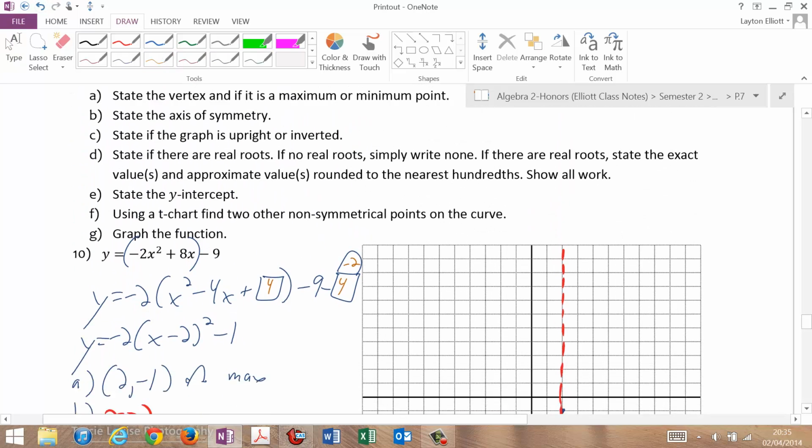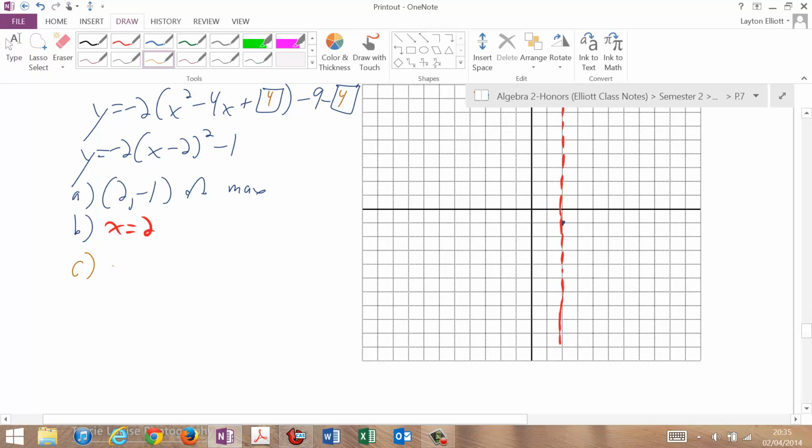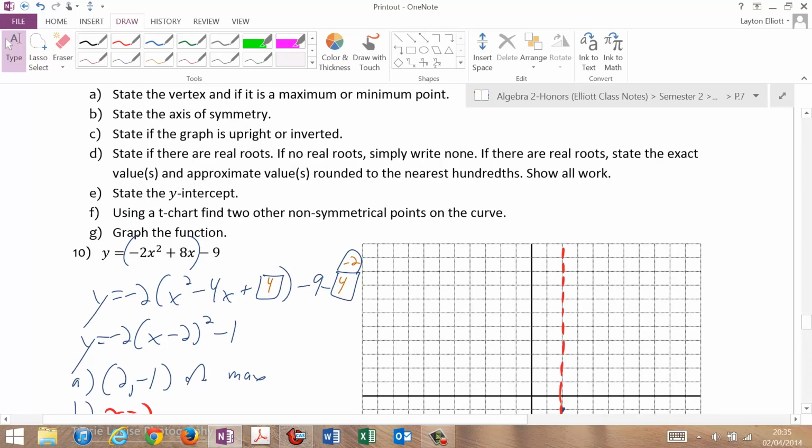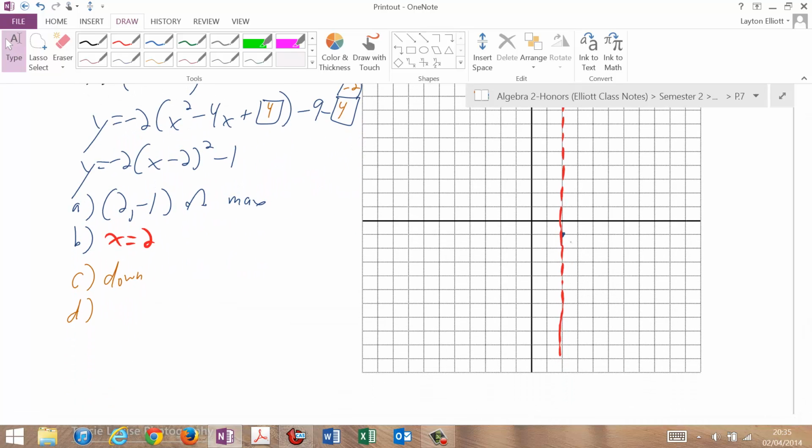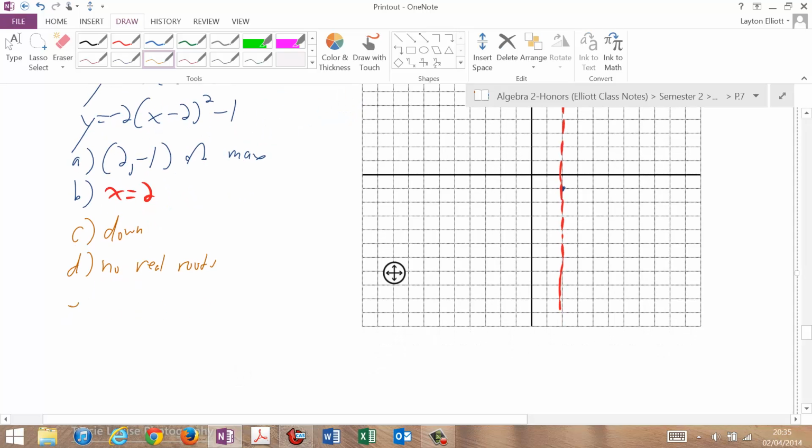Part C, state the graph is inverted or down, well, we'll just call it up or down. This is down. Part D, if there are real roots. Well, since it's down from this point, we get to save a lot of time by saying there are no real roots. Later on, we'll ask you to find imaginary roots, and you already know how to do that. But for graphing purposes, we don't need to.